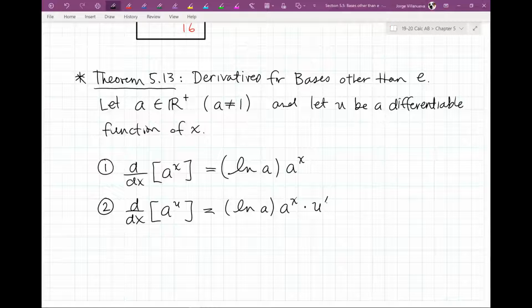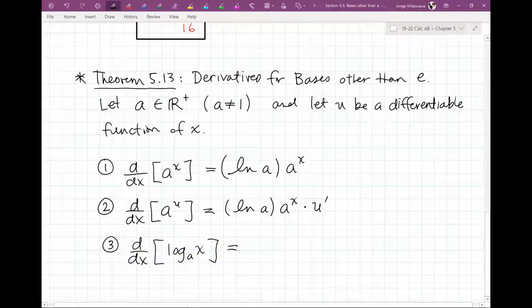So they do give us two other definitions, and these are for logs. Okay, so the derivative of log base a of x is 1 over ln of a times x.